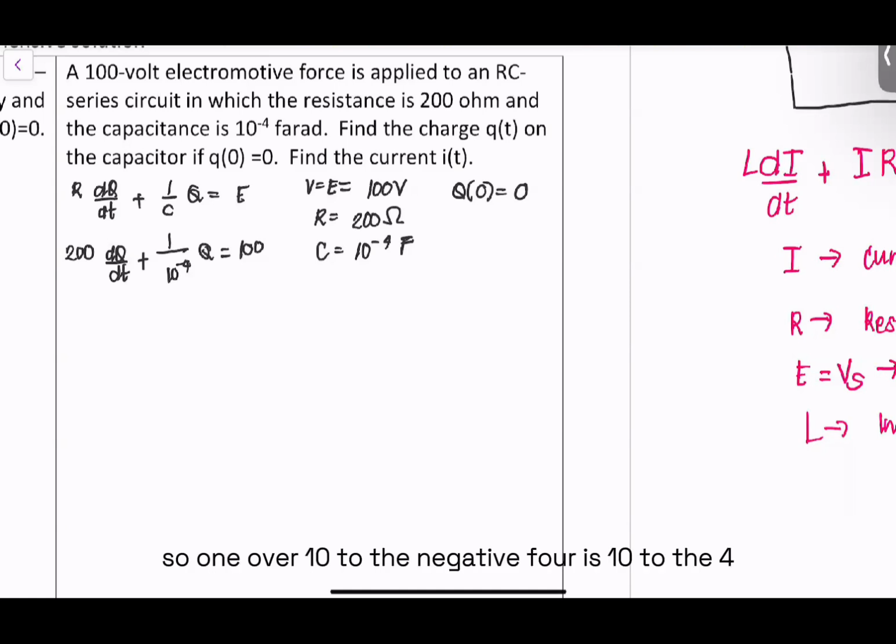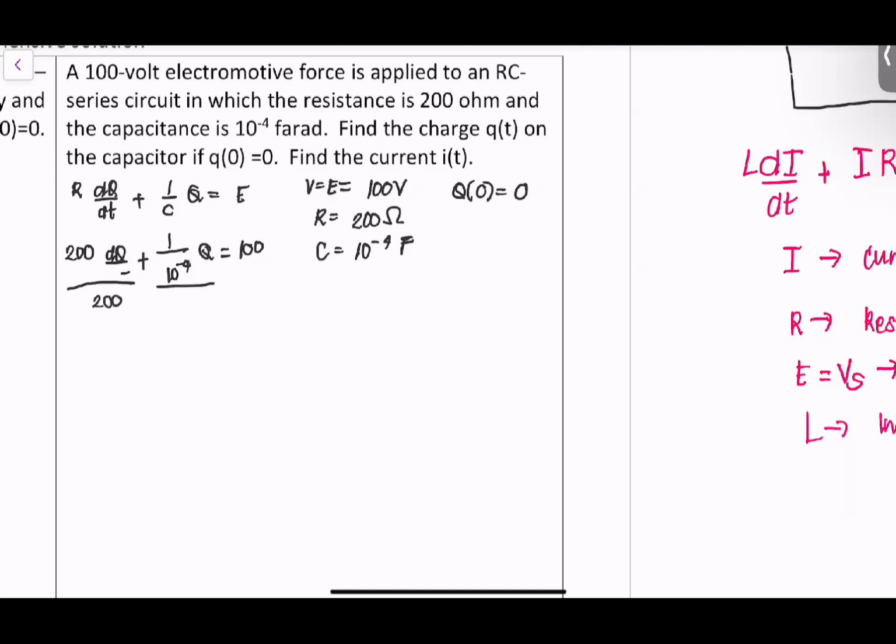So 1 over 10 to the negative 4 is 10 to the 4th. So we divide everything by 200. We divide this by 200, this one by 200, and this one as well by 200.